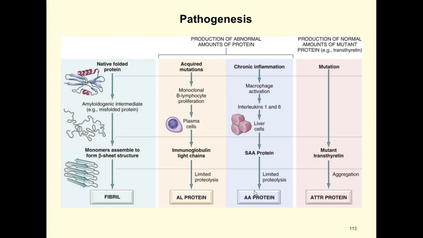AA protein, this is the so-called non-immunoglobulin protein. This is the so-called amyloid associated type. It is synthesized by liver cells. Also, we have beta amyloid protein. Classically, we could find it in Alzheimer's disease.